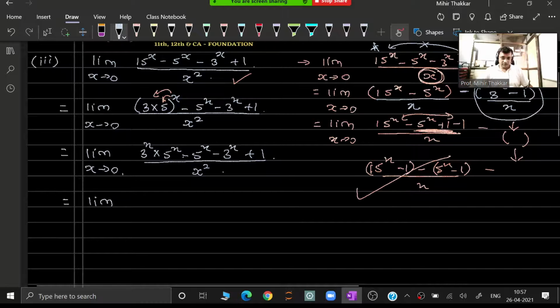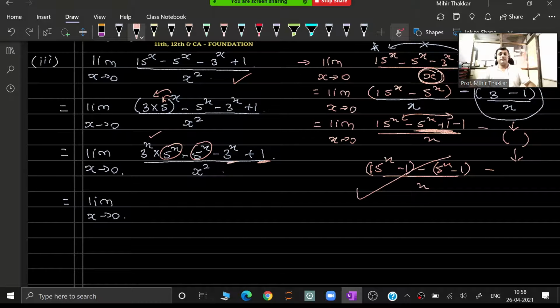So this is equal to, in the first two terms, I will be taking out 5 raised to x common. In the remaining two terms, just we will be taking out minus 1 common. So automatically our question will be adjusted as per our requirement.